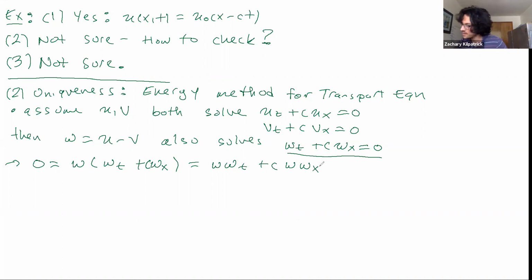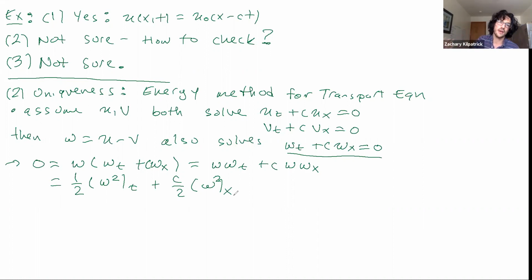Well, what does that look like? I can use the chain rule to rewrite that as 1/2 W squared differentiated with respect to t plus c over 2 W squared differentiated with respect to x, okay?